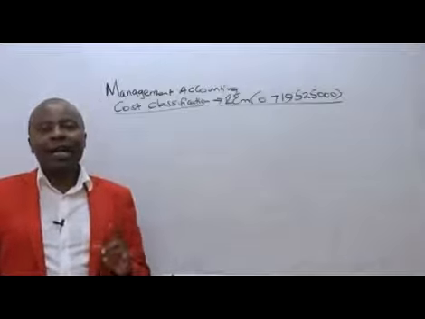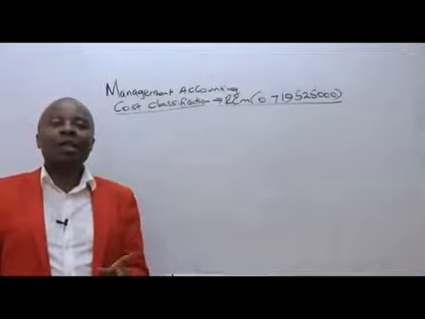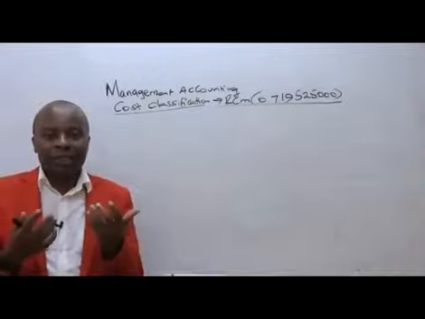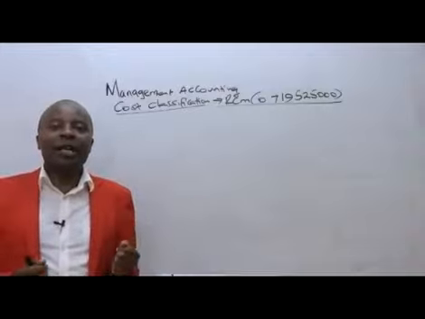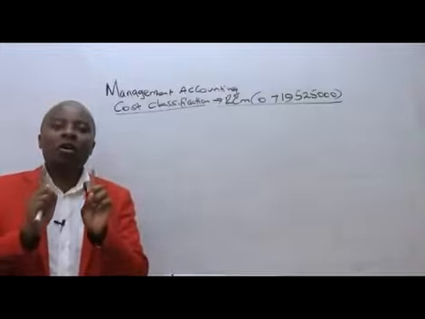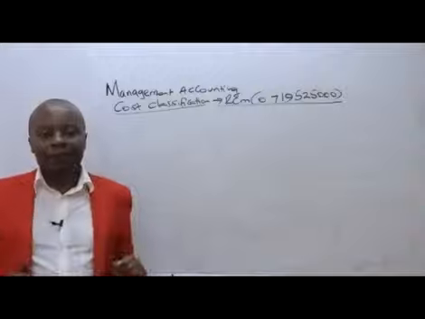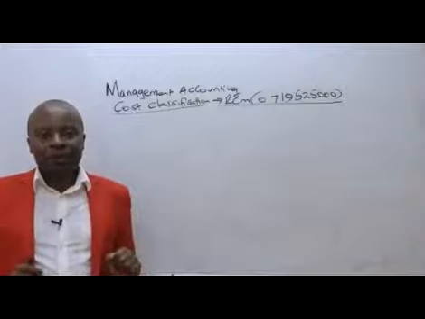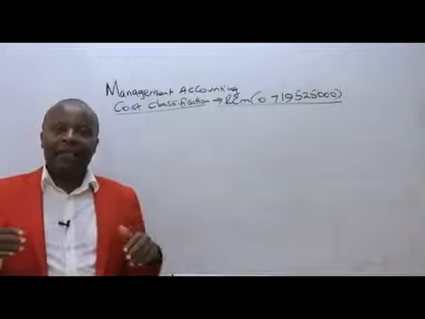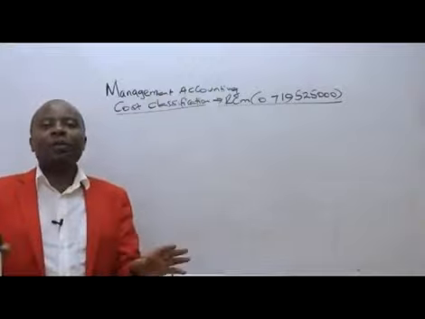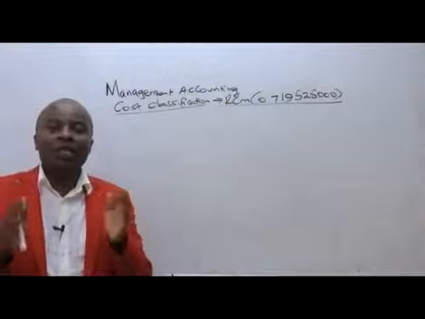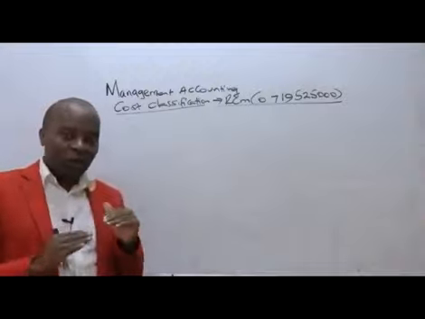Cost ascertainment. There are so many organizations that are producing great goods outside here, but they have not costed them properly. So you find they are selling, but at the end of the day, whatever sales proceeds they are getting are not able to sustain them simply because they are always at a loss.